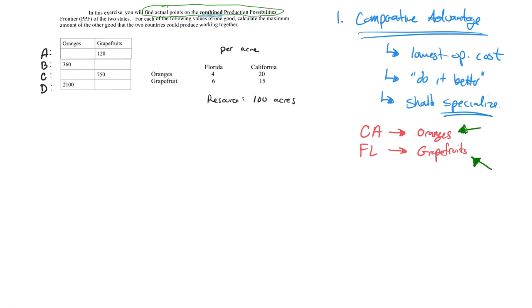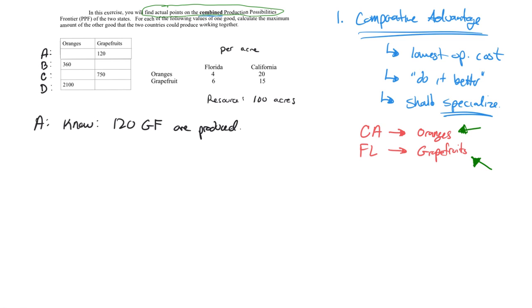And I'm going to walk you through how we go about doing this and how you'll be able to make sure you get this correct on a future problem set, on an exam, etc. So let's start with point A, where what do we know? We know 120 grapefruits (GF) are produced.